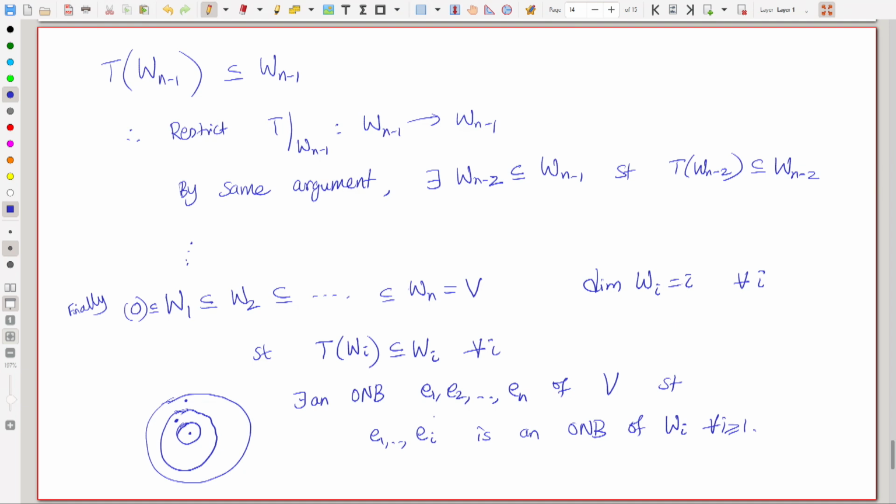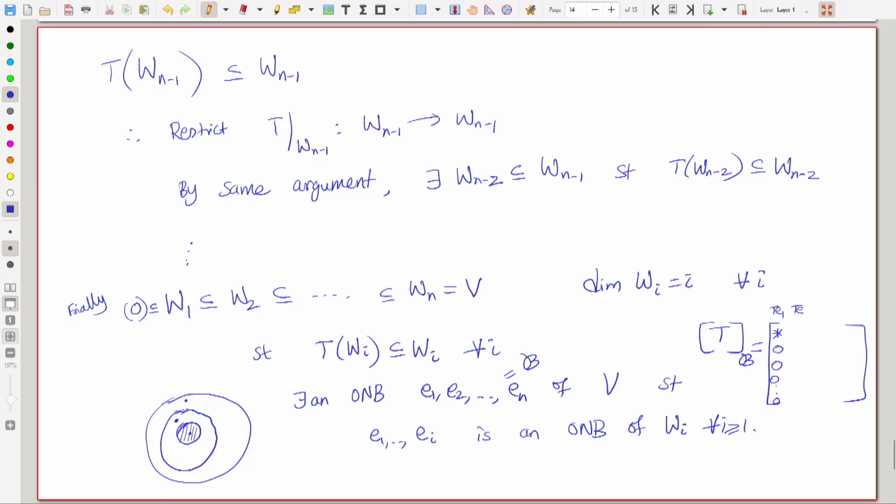Now, when you write the matrix of T with respect to this basis E1, E2, up to En, what will it look like? First, what is T acting on E1? E1 is in W1, and when T acts on W1, the answer is again in W1. So T E1 is just some multiple of E1, and everything below it is 0.